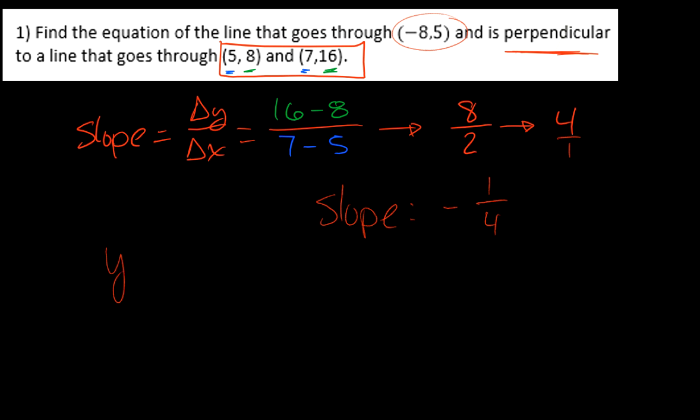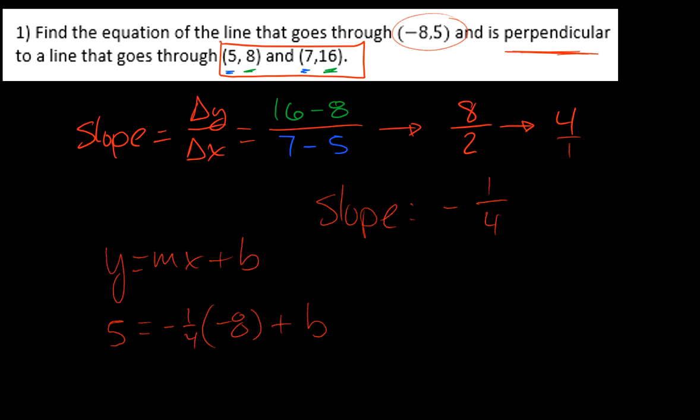So I start with this standard equation, y equals mx plus b. I know I have a y value of 5, and I'm sorry, I don't have a slope of -8, I have a slope of -1/4, and I have an x value of -8, and I'm attempting to figure out my y-intercept b.